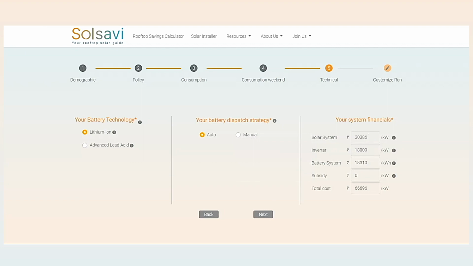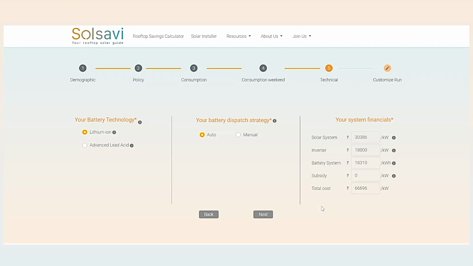Please note that these values are all per kilowatt values and will be calculated as you select the solar system size in the next page. The total cost also is mentioned in the per kilowatt category.